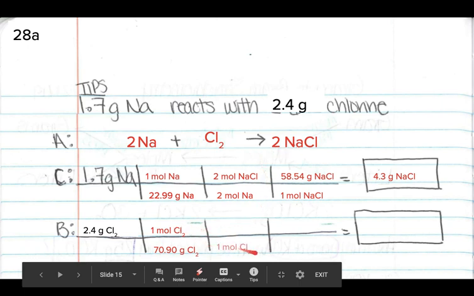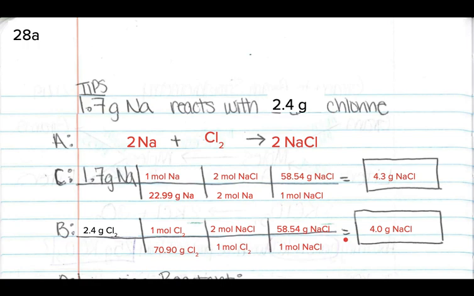So in 1 mole chlorine, we'll produce 2 moles of sodium chloride. All right, and then this step here is going to be the same because we want to compare it to the same product, right? So we're going to say what goes up must come down. In 1 mole of sodium chloride, there's 58.54 grams of sodium chloride. All right, and once again, we're going to multiply everything across, and then divide by everything at the bottom. You should have got 4.0 grams of sodium chloride.